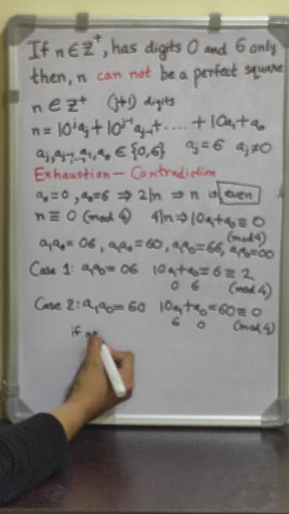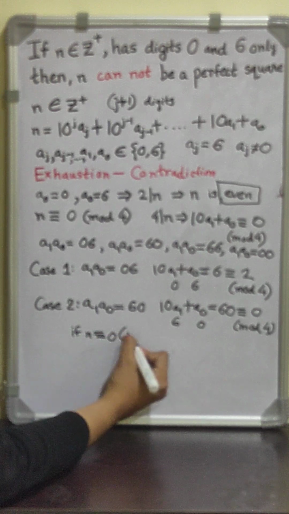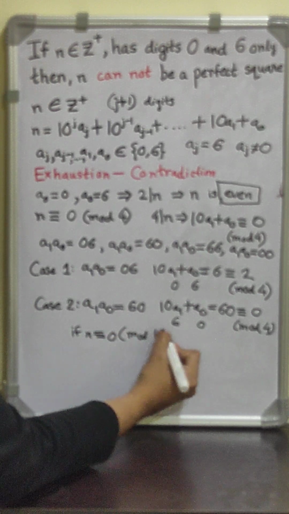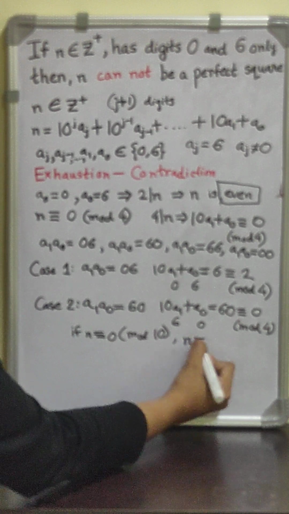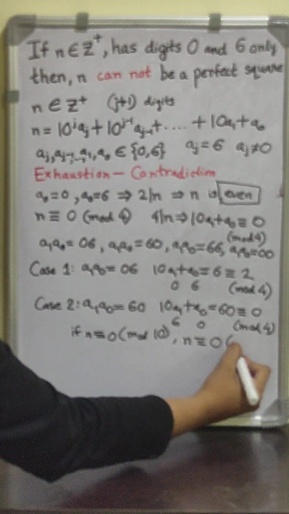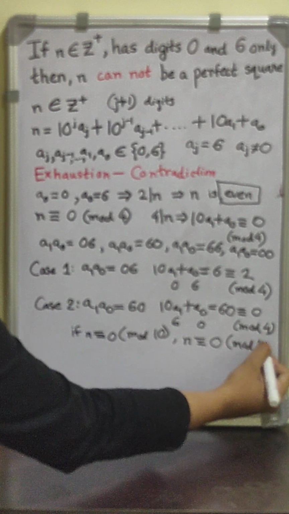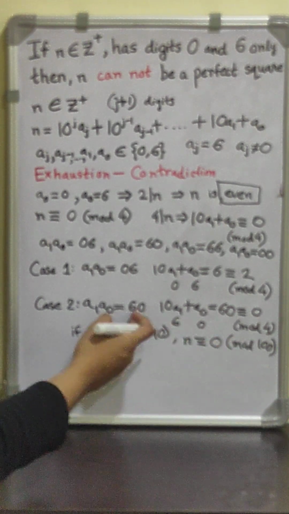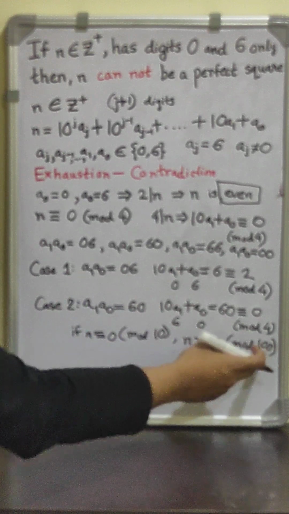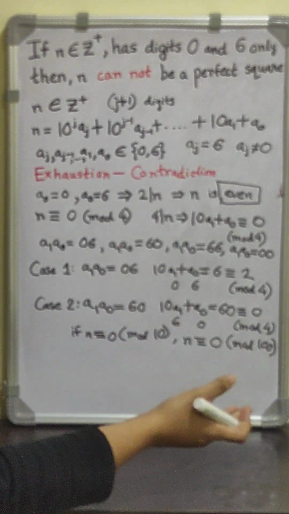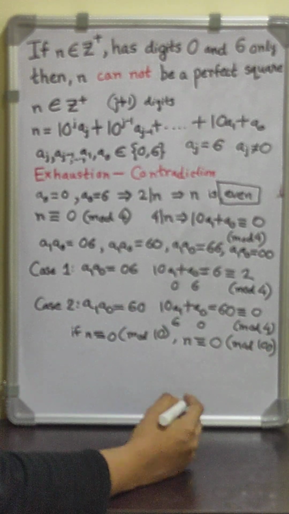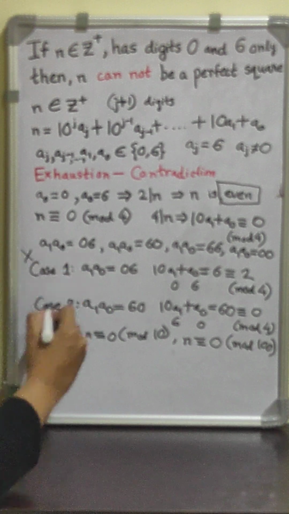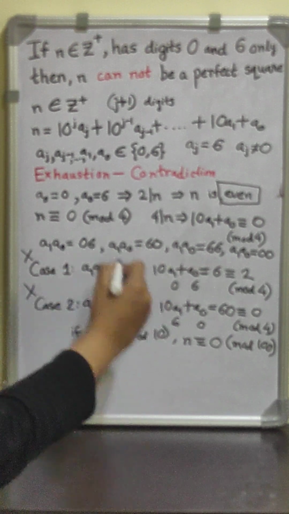So if n, I'll just write down the property here, I'm just referring to it without the details. And as usual, I'll link the video. This has to be true, but clearly this is not true because 60 when divided by 100 will give me a remainder of 60. It cannot be divisible by 100. So this was not a perfect square.